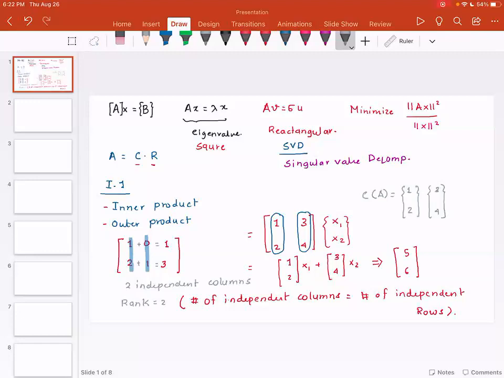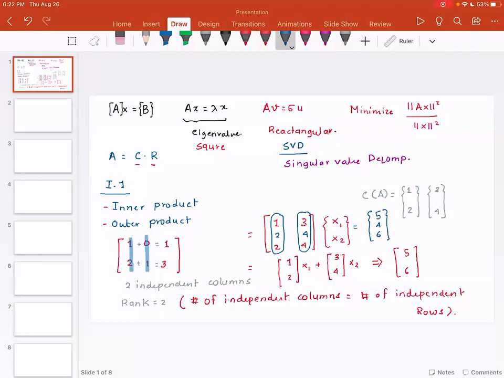However, imagine something like this. Now I have a matrix where I add one more row, say 2, 4, and instead of 5, 6, I will have 5, 6, and 4.